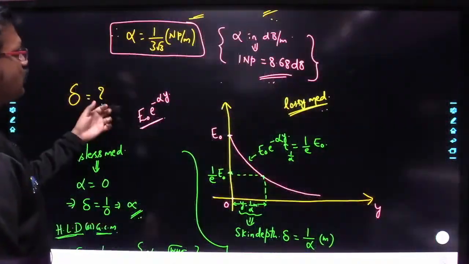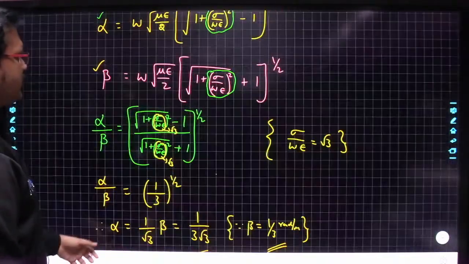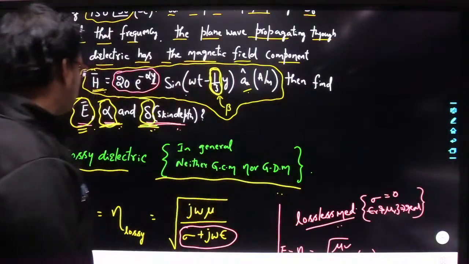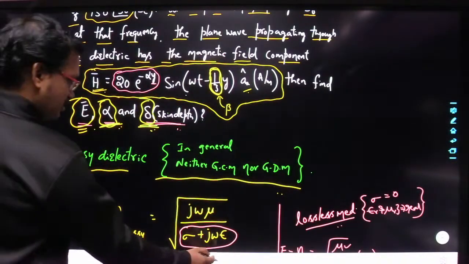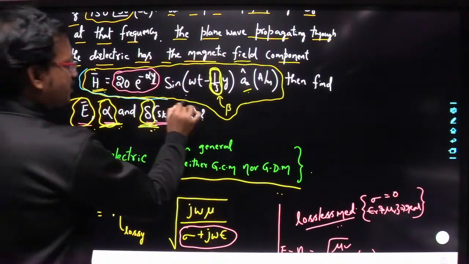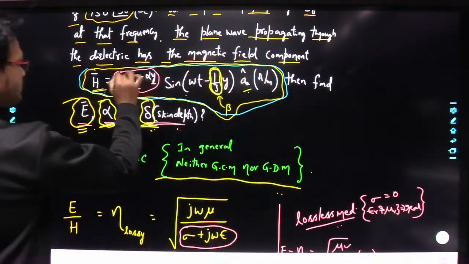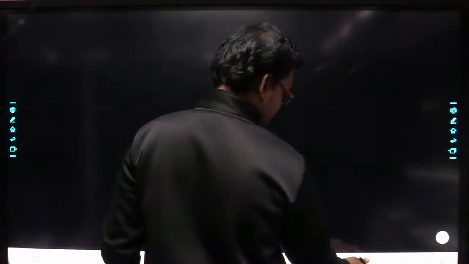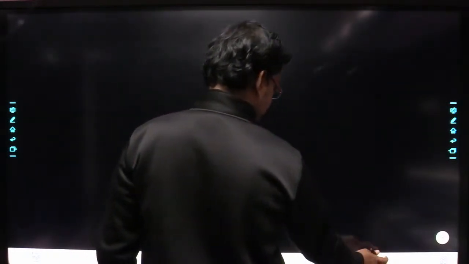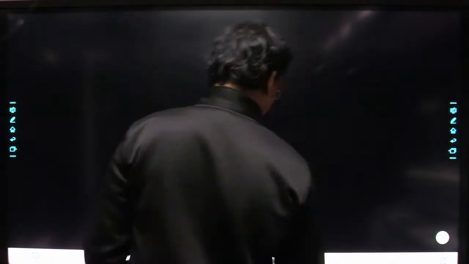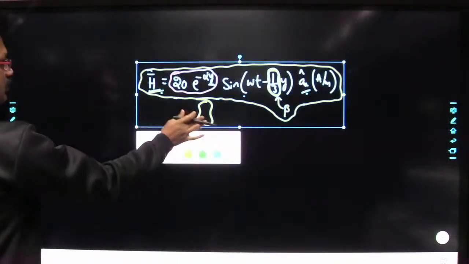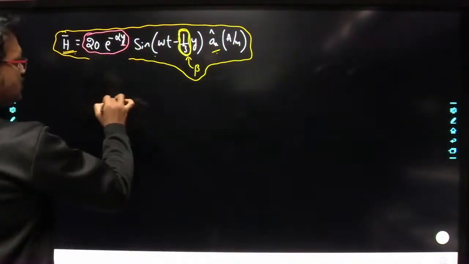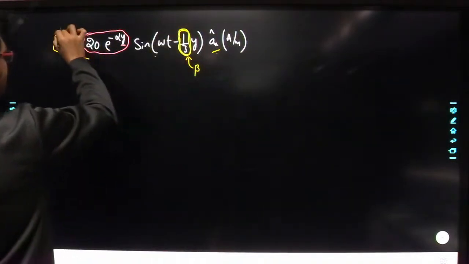So next, what they have asked here: we have determined alpha, we have determined delta, and they have asked to determine the electric field, right? They have given the expression for the magnetic field, the H field, and are asking to determine the expression for the electric field.